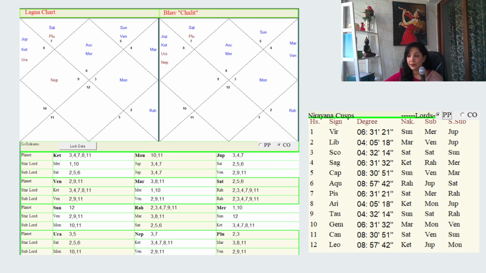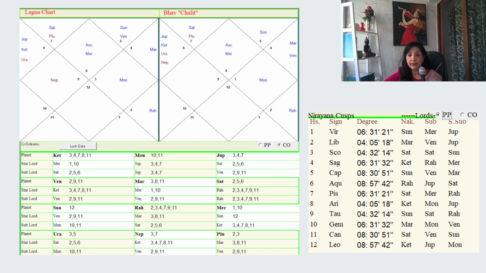See, 4-8 is there, but 4-8 is not negating. And if you follow KP rules, the planet states the source, the star lord gives the main results, and the sublord is the final outcome. Like one will get the packet in good condition, or you got the packet but it was damaged or of no use.